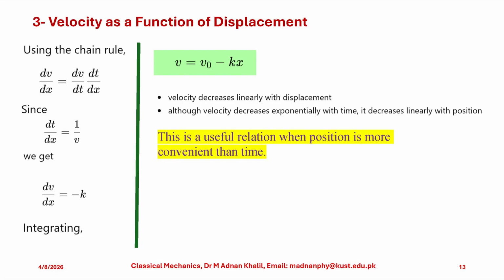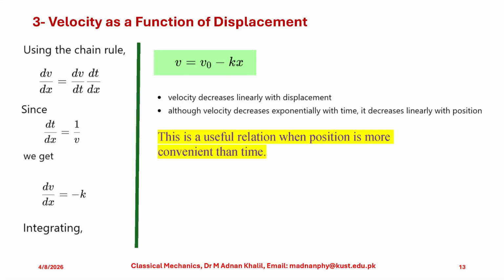Here we develop another useful relation, this time between velocity and displacement directly. We use the chain rule from calculus. The chain rule allows us to connect derivatives with respect to different variables. Here we write dv divided by dx equals dv by dt into dt by dx.